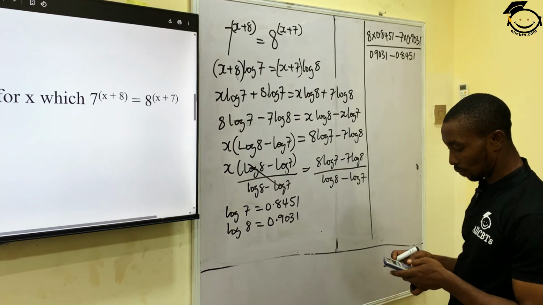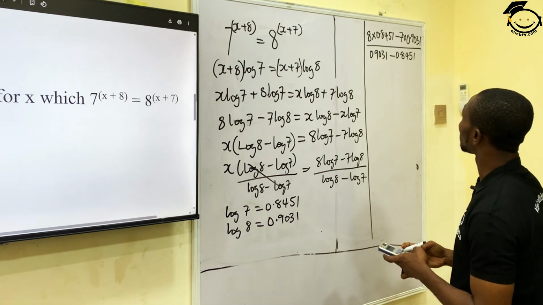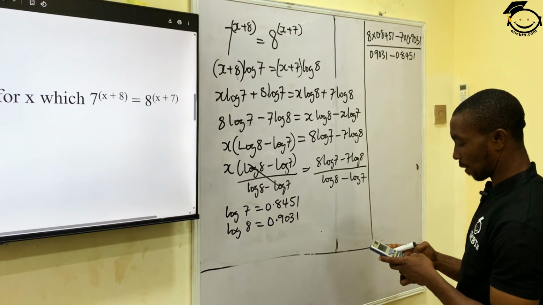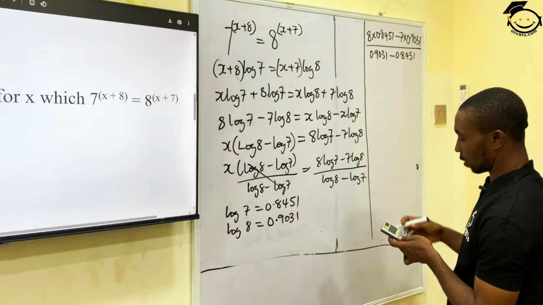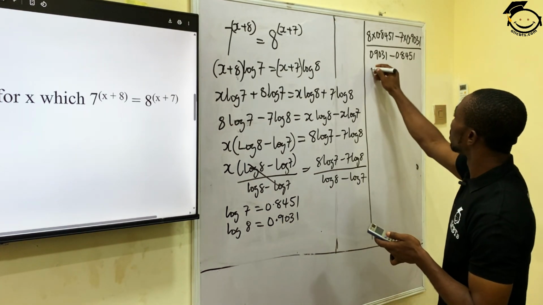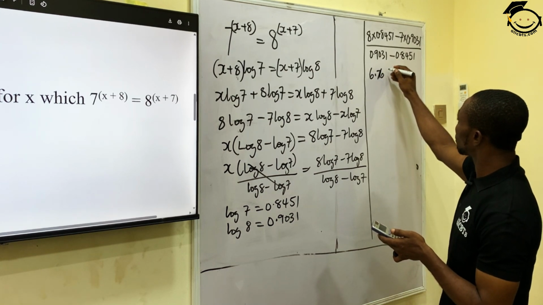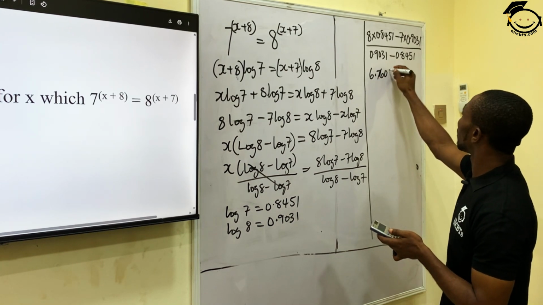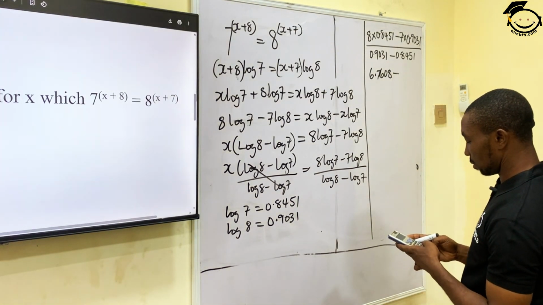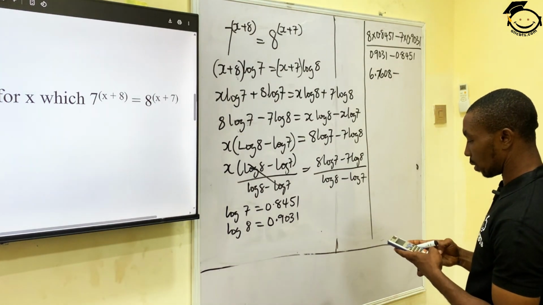Now, if we calculate that, we have 8 times 0.8451, which gives us 6.7608, minus 7 times 0.9031.